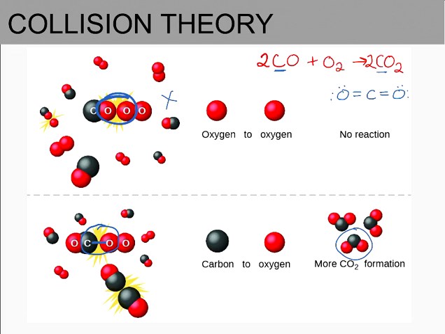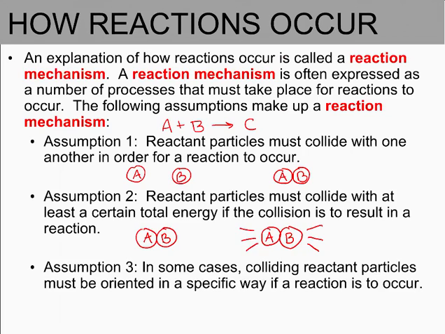So that does result in a reaction. Again, if we go back to assumption 3, in some cases, colliding reactant particles must be oriented in a specific way, or they have to be facing a particular side of a molecule in order to interact.